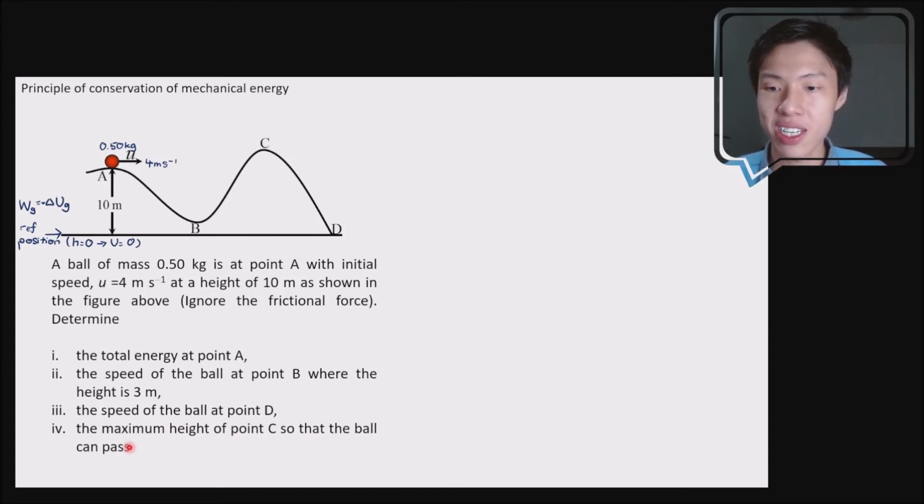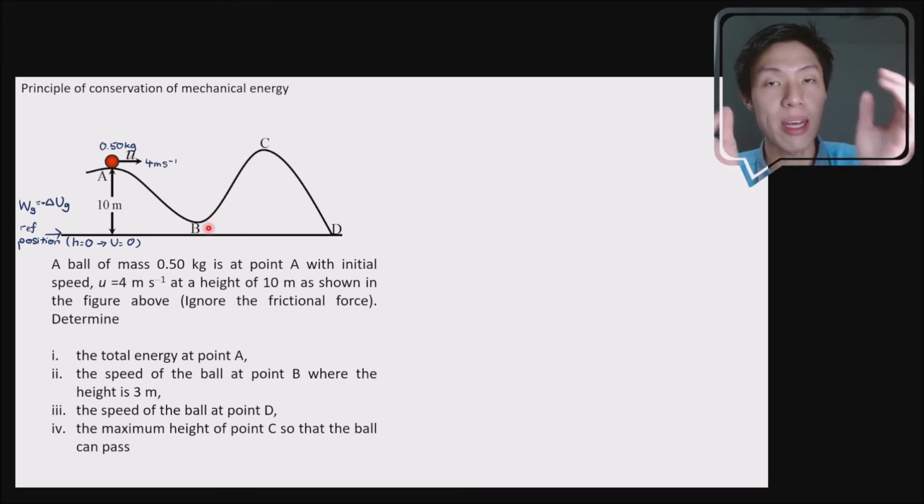Well, this is a similar question to the previous example, where we talk about the maximum height for the ball to stop at point C. The idea is that if point C has a very low height, let's say the peak is lower here, then the ball can easily go past point C and go towards point D, because only a portion of the kinetic energy that you have from position B is transformed into potential energy.